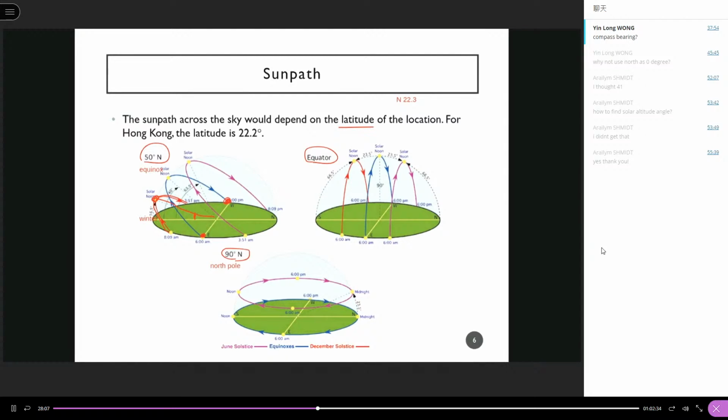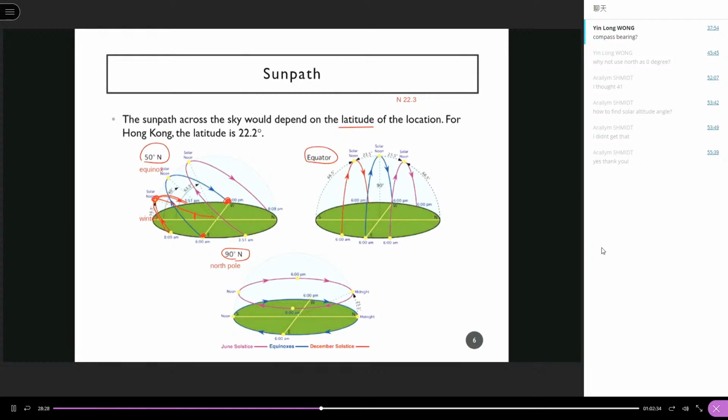So from the primary school, we learned that the sun rises from the east and sets in the west. It is not always true. It is true only for 2 days in a year. And these 2 days are the spring equinox and the autumn equinox.